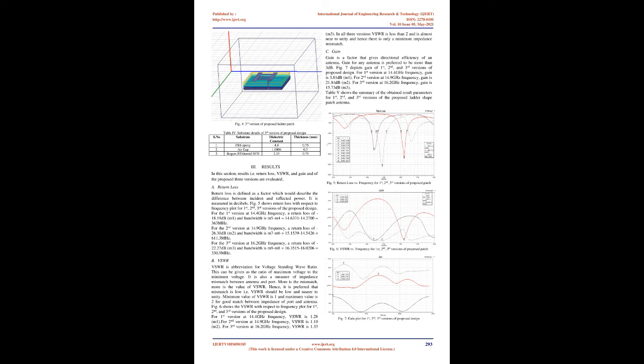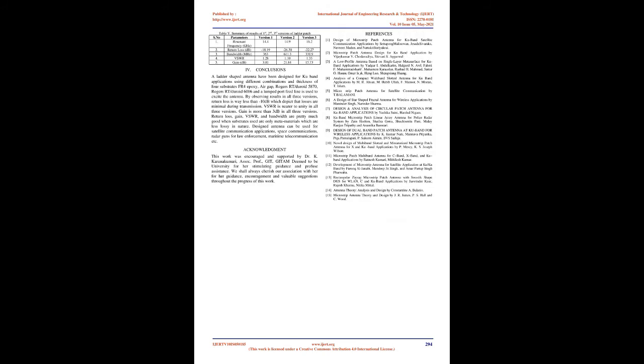FR4 epoxy has a dielectric constant of 4.4 with a thickness of 0.75 mm, air has a dielectric constant of 1.0006 with a thickness of 0.5 mm, and Rogers RT/duroid 5870 has a dielectric constant of 2.33 with a thickness of 0.75 mm. So, the total thickness of substrate used in the third version is 3 mm. Figure 4 shows the design and number of substrates used in the third version. Table 4 shows the details of the substrate for the third version of the proposed design.